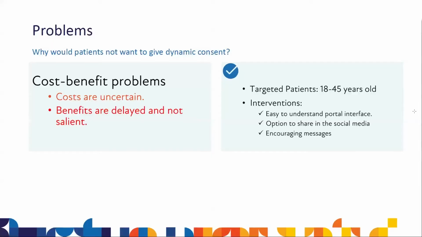The issue is that the costs are uncertain, and the benefits are mostly in the future, and they're not really that obvious. So we want to specifically target 18 to 45-year-olds because these are going to be online solutions. We're going to target these cost-benefit issues with, first, an easy-to-understand portal interface.